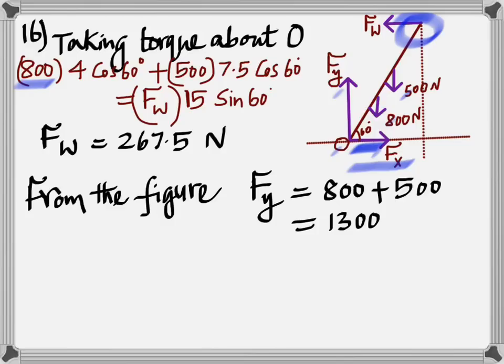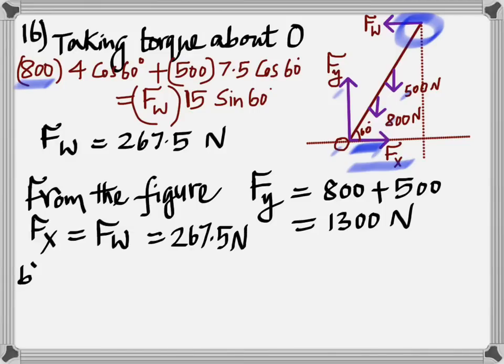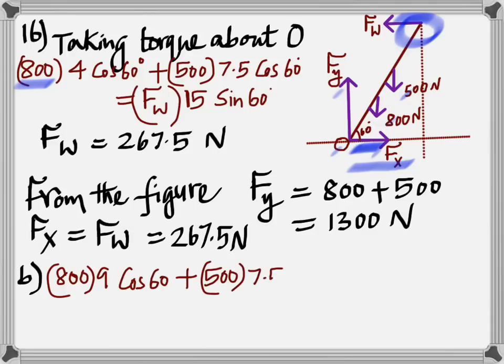Total upward force is equal to total downward, and Fx should be equal to Fw. In the B part, the ladder is just about to slip, and so the torques are calculated again.